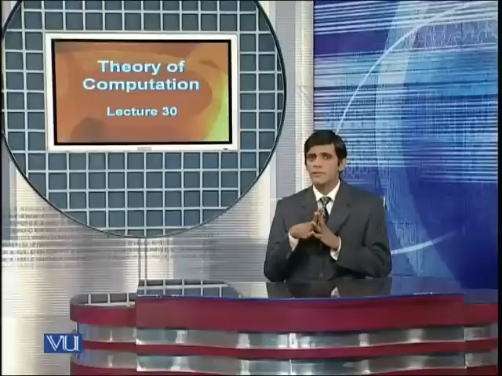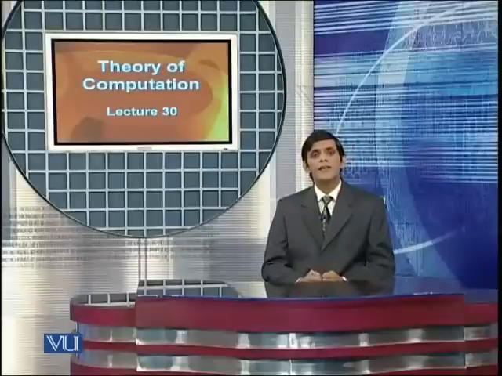Showing that something is in NP is usually very easy, and therefore for this particular language I've left that as an exercise for you. So your exercise today is to understand this clique problem and the independent set problem and try to come up with a relationship between them. Try to find a reducibility from the independent set problem to the clique problem. That would be your homework for today.